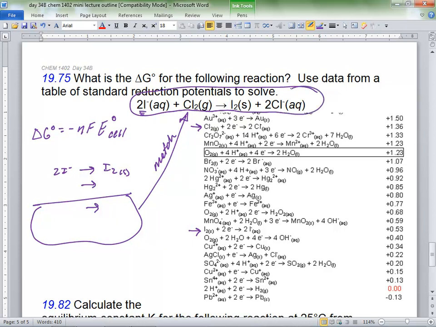Okay, so she started out right. 2I⁻, not this way. Well, I guess you have to add, might as well finish it here. 2 e⁻. And what do I write down for my E0 for this half reaction?